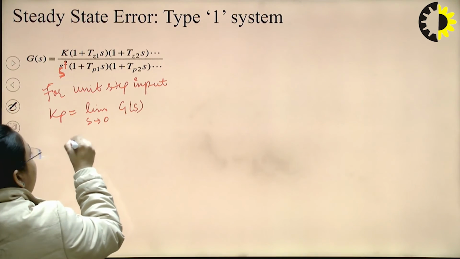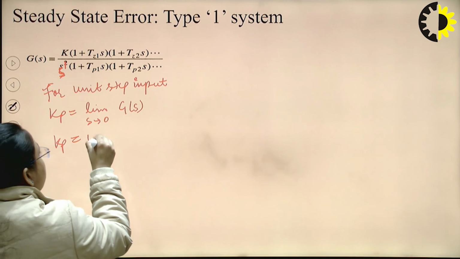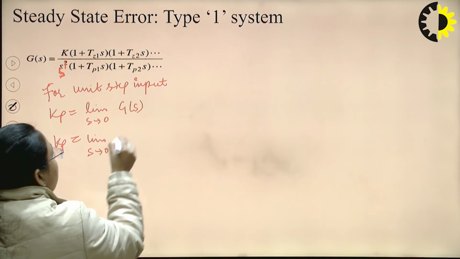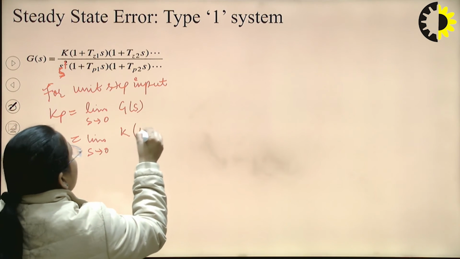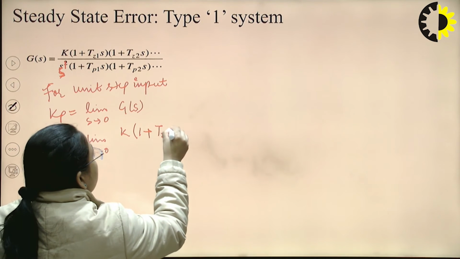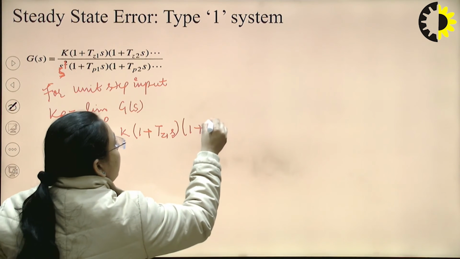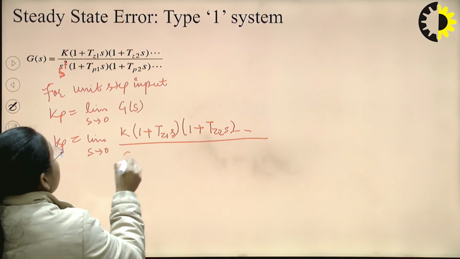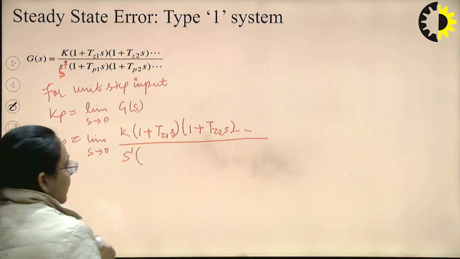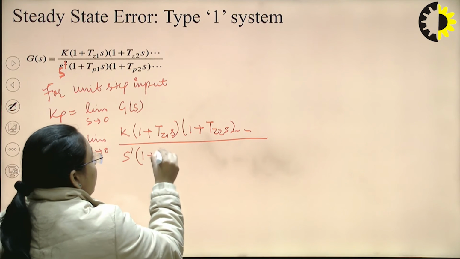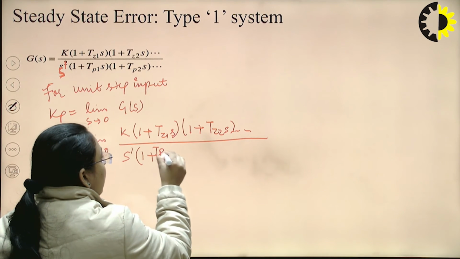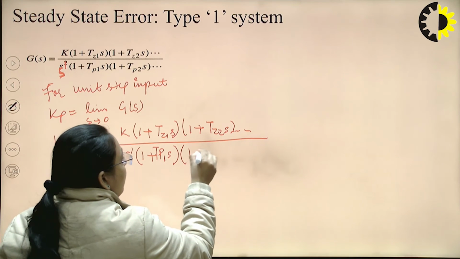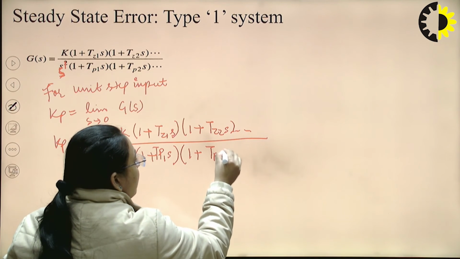And when we put the value of G(S) from the above equation in this equation, then it is K into (1 plus TZ1 S)(1 plus TZ2 S) and so on, upon S into S raised to the power 1, that means S, into (1 plus TP1 S)(1 plus TP2 S) and so on.